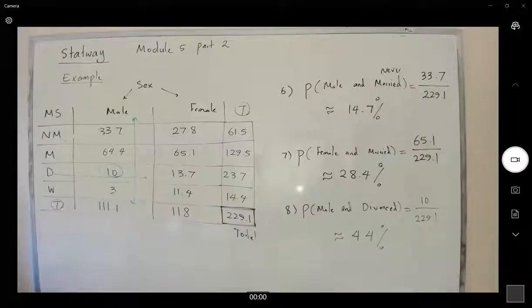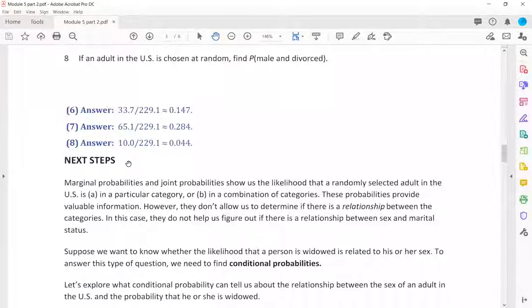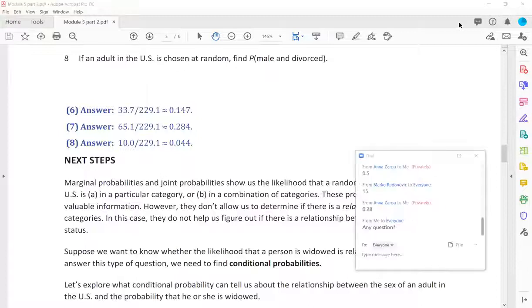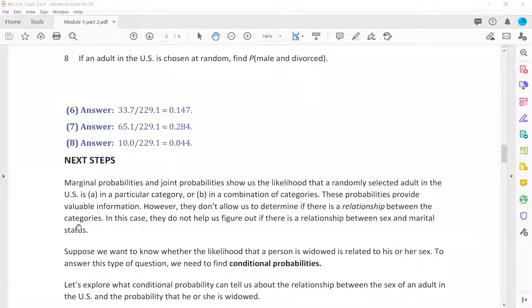Let us continue. Next steps. Marginal probabilities and joint probabilities show us the likelihood that a randomly selected adult in the US is a particular category or in a combination of categories. These probabilities provide valuable information. However, they don't allow us to determine if there is a relationship between the categories.